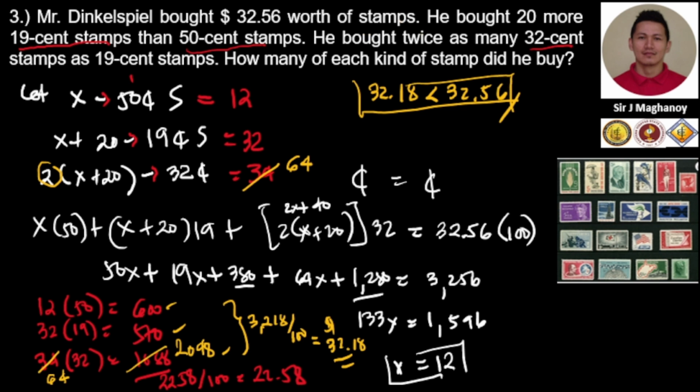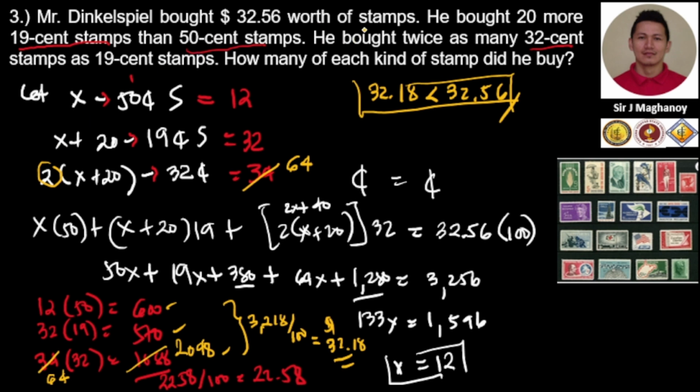Okay, so he bought 20 more 19 cent stamps than 50 cent stamps. So we start with our 50 cents as our x. Then he bought 20 more, that is x plus 20 for our variables.